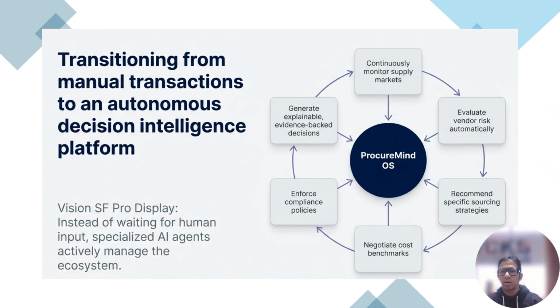Perfect. Now this slide is the vision slide. This is where we shift the audience mindset from procurement as manual work to procurement as an intelligence platform. Let me take a marker.